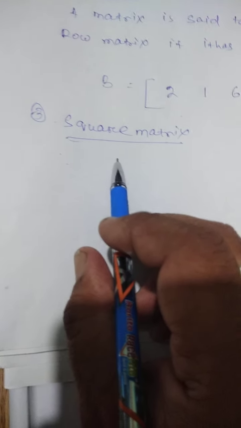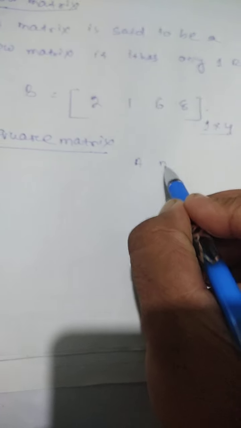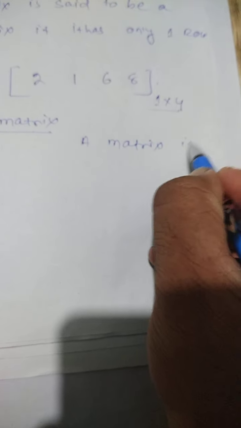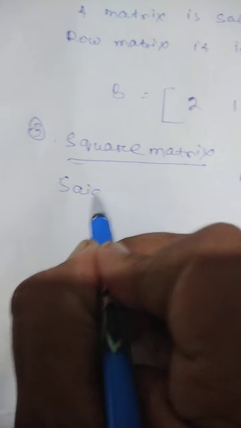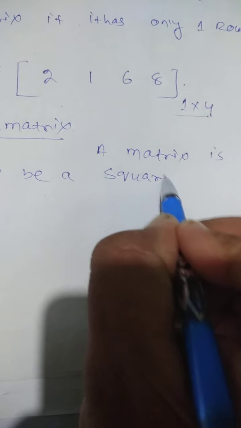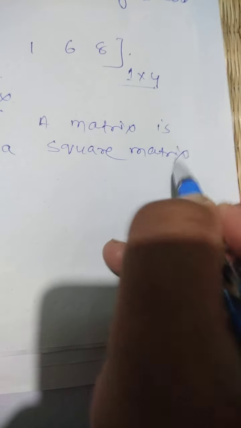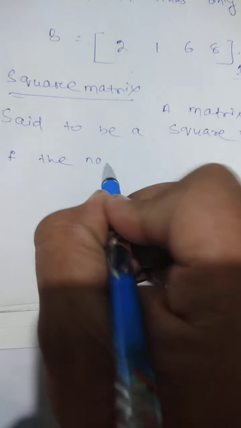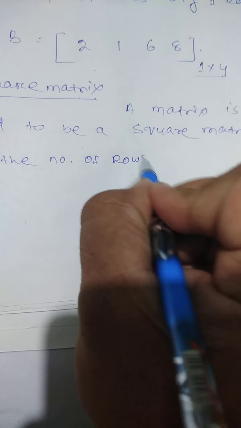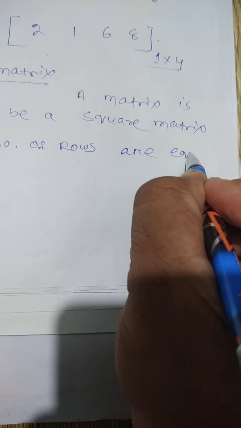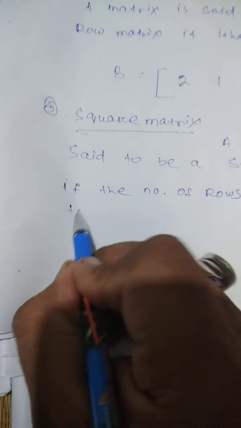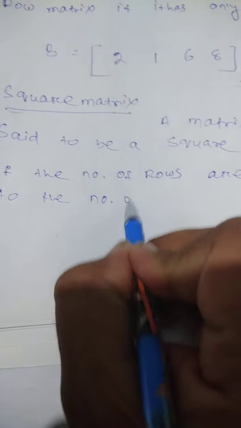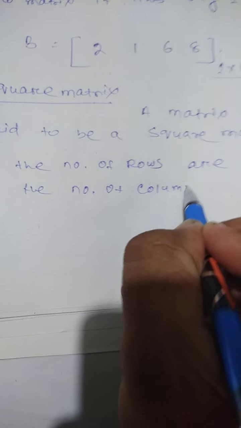Then square matrix. A matrix is said to be a square matrix if the number of rows is equal to the number of columns.